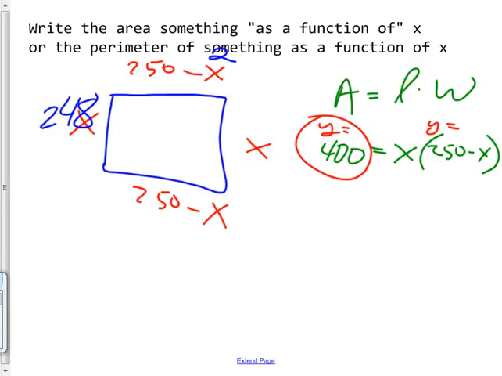Oh, you're right. X is 248. Sorry. So this other side must be 2. All right, total, 250 minus 248 is 2.